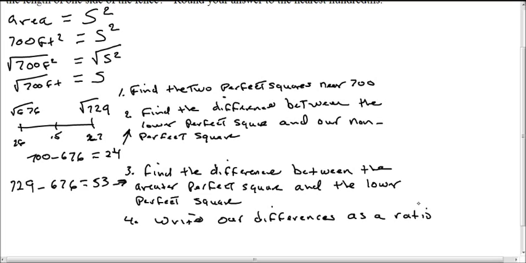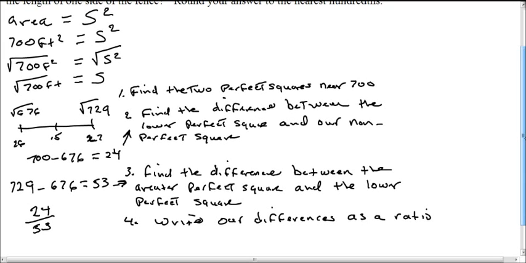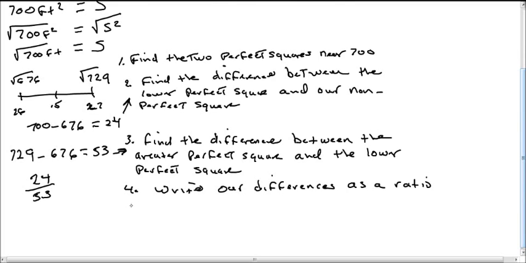This one is first, this one is second, so we will put 24 over 53. And now the last thing we will do to get our estimate is divide to find the approximate decimal value. And of course we're going to add that decimal value.